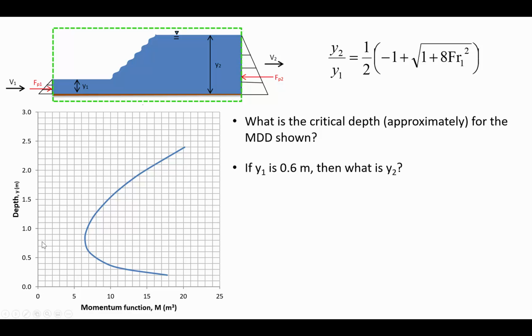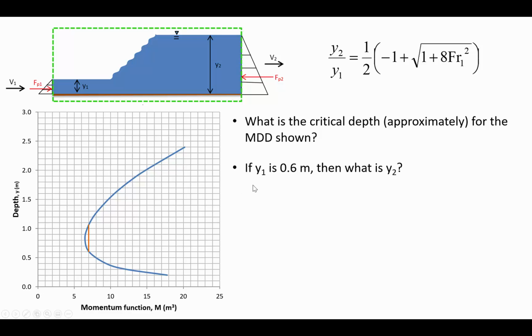So this is the critical depth, maybe 0.75. But if the depth is 0.6, go over from 0.6 to here. This is how much momentum it's got. Its conjugate depth is right there.